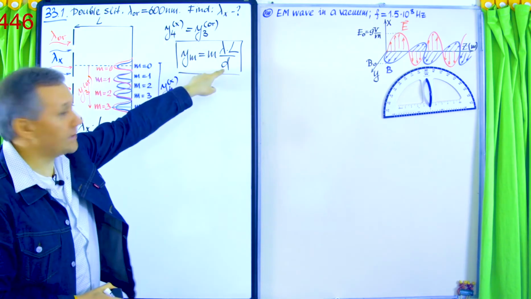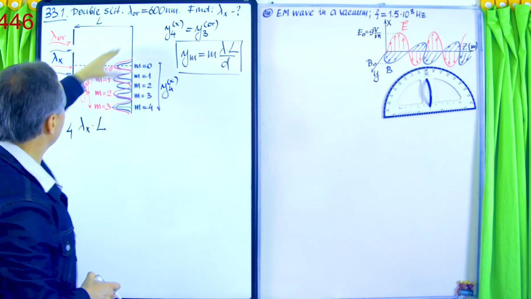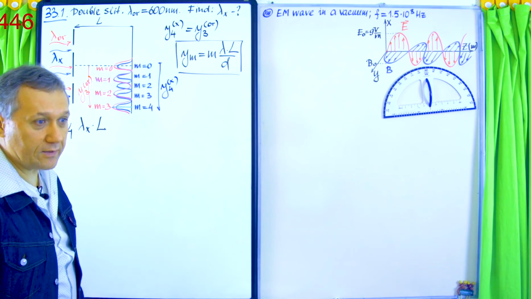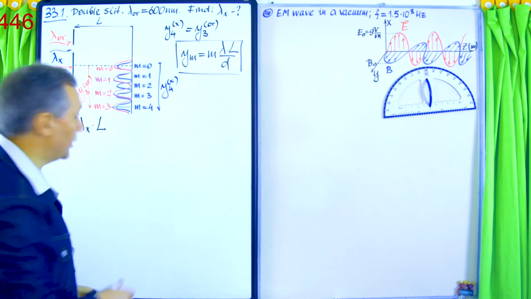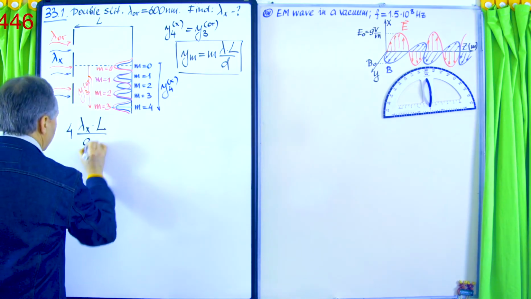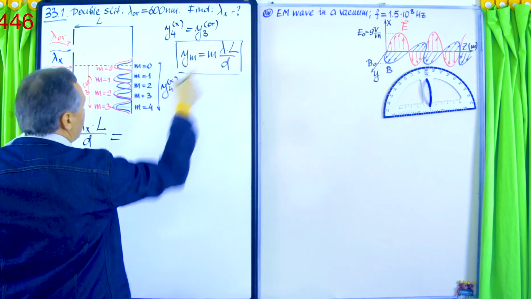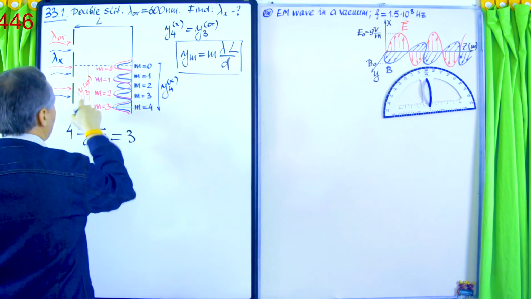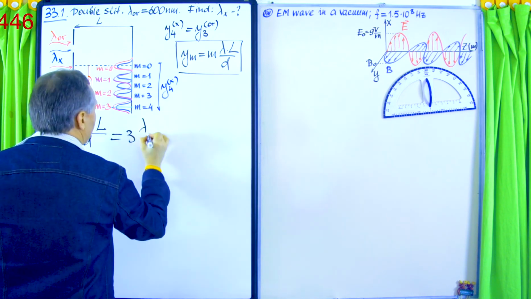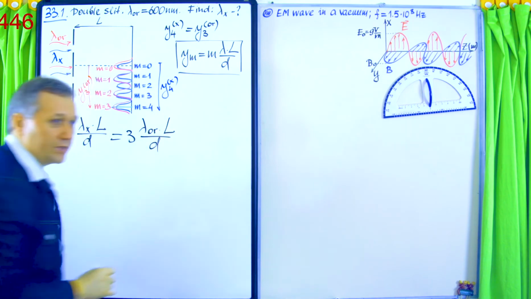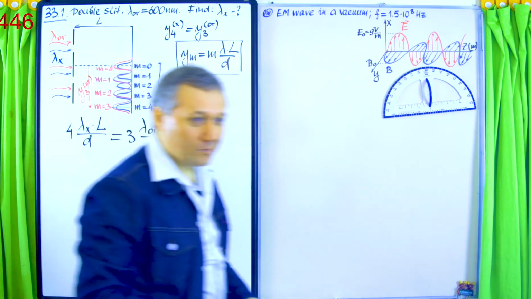And D is the same, because this interference pattern is created by the same double slit. So distance D is the same for both the orange and the unknown light, so divided by the same D. And for the orange, m equals 3: lambda orange times the same L and divided by the same D.